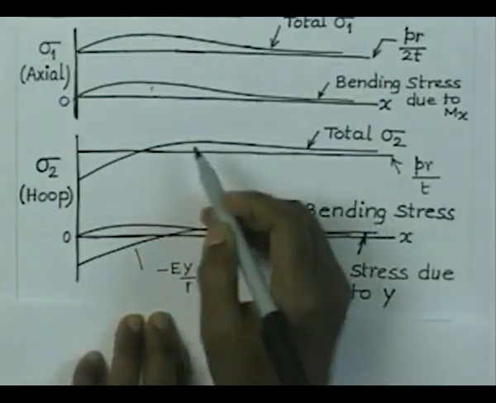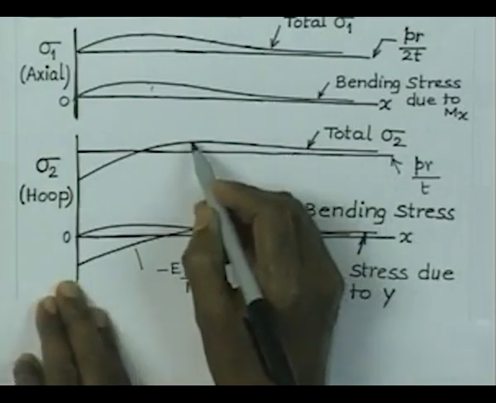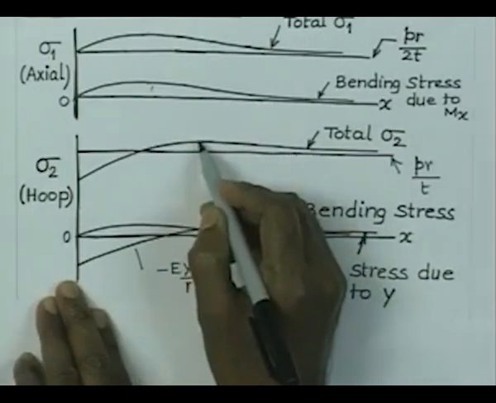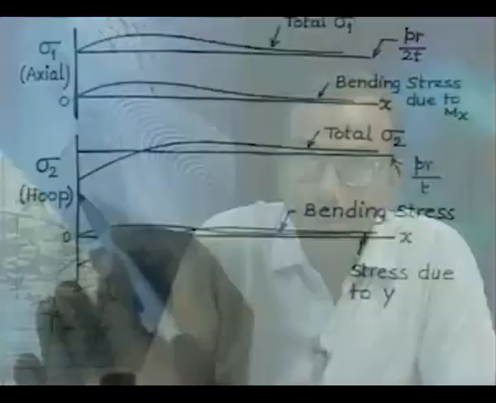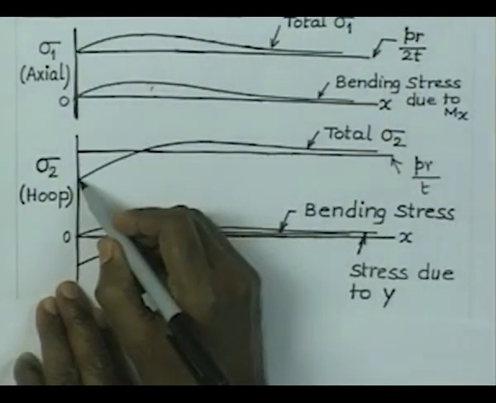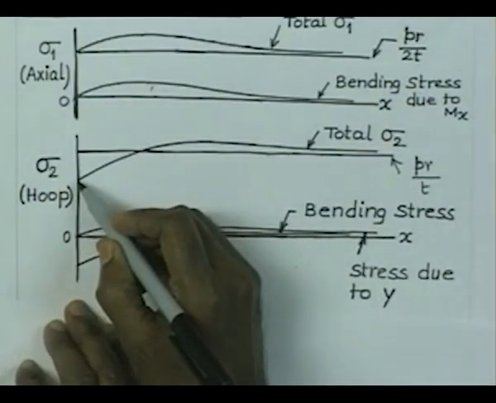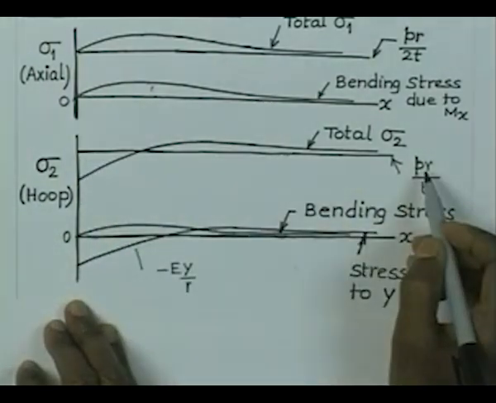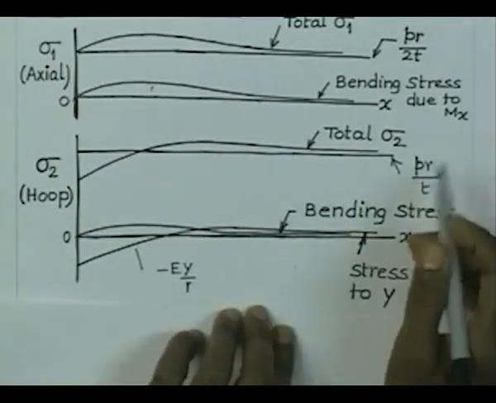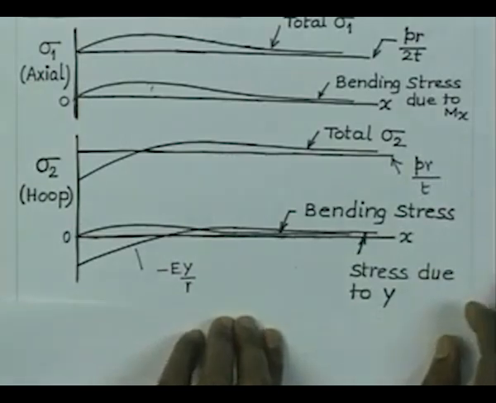You find 2 distinguishing features again, that the total stress is maximum somewhere here, which is away from the junction, and the magnitude of the stress at the junction is lower than the stress which will be due to pressure only. Thus, the variation of stresses at the junction can be obtained. Magnitude also can be calculated, provided you are given some specific values of the pressure and the dimensions of the vessel.